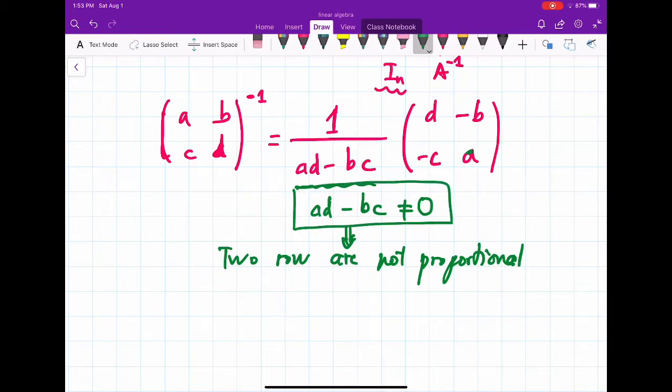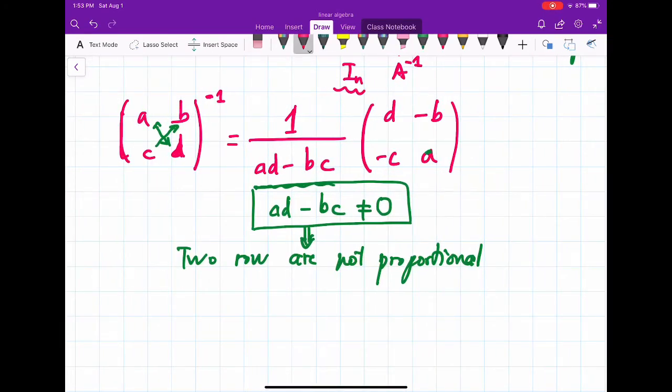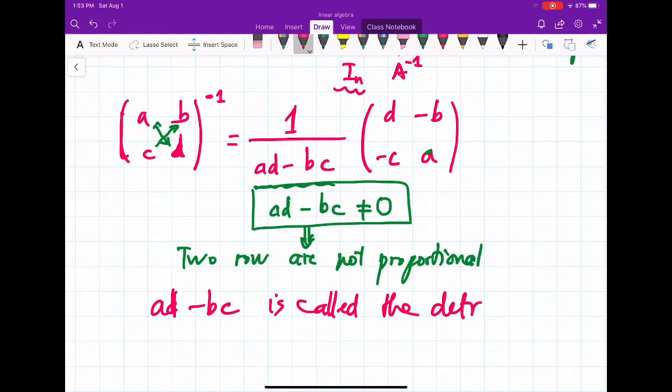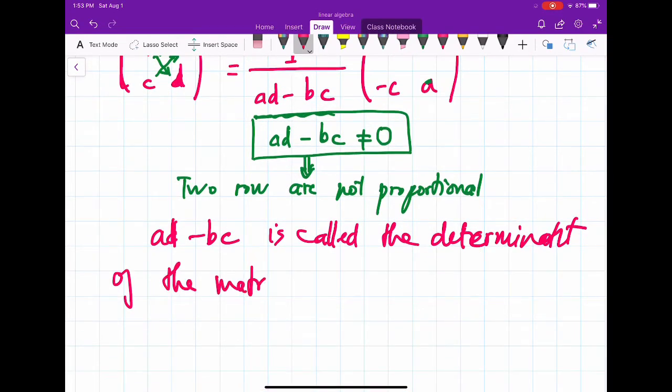So this condition is pretty interesting. You have ad, the product on this diagonal, minus the product on the other diagonal. This is called the determinant of a 2 by 2 matrix. The value ad minus bc is called the determinant of the matrix a, b, c, d.